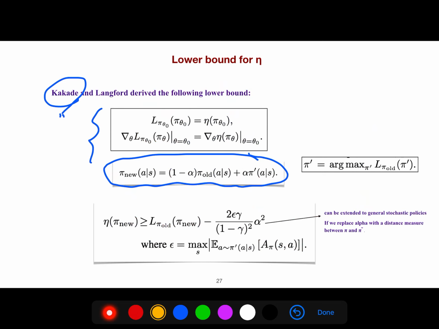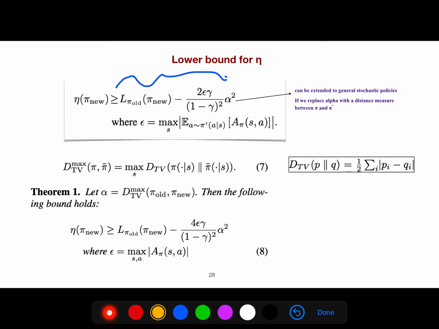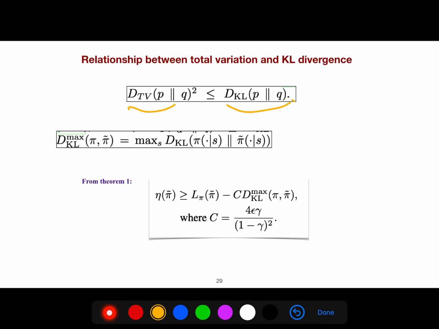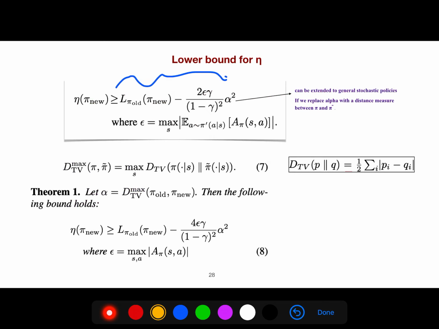I was saying that they created this lower bound, and this alpha could be extended to general policies. Instead of alpha, we use a distance measure, which can be extended to general policies.